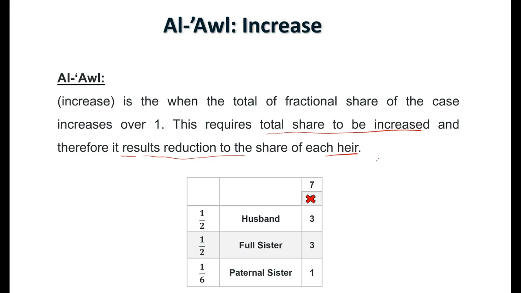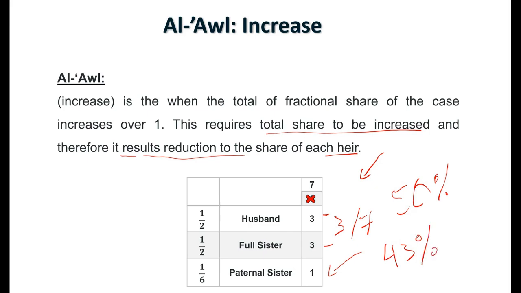The share of each heir is reduced. So the husband now and the full sister are getting 3 out of 7 because of the addition here. Before they were getting 50% of the case, but now they are getting 43%.